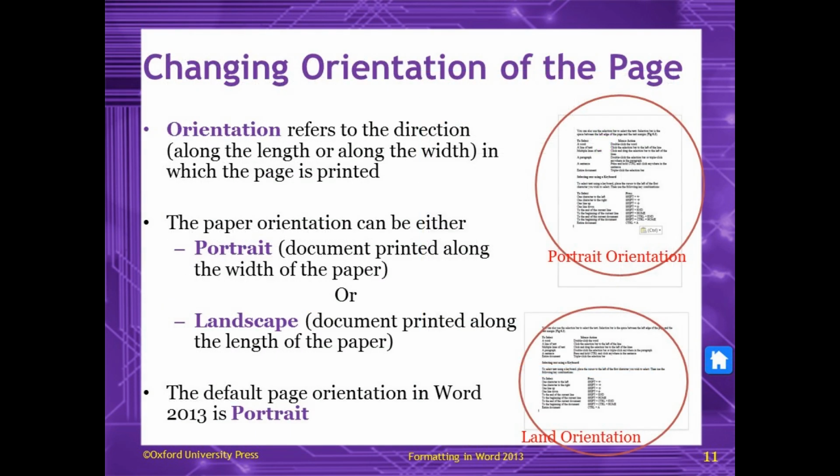And now we will learn about page orientation, and how to change the orientation of the page. Orientation refers to the direction, along the length or along the width, in which the page is printed. The paper orientation can be either portrait, where the document is printed along the width of the paper, or landscape, where the document is printed along the length of the paper.